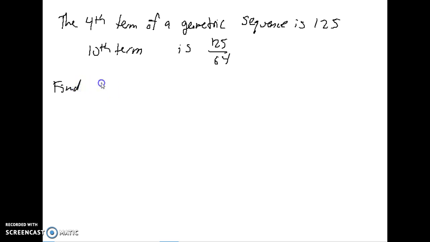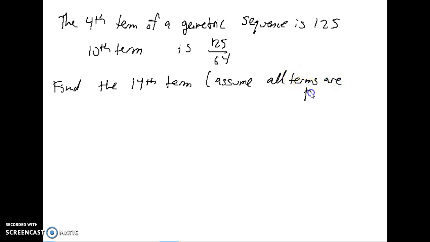We want to find the 14th term, and we are going to assume all terms are positive. Unless it's stated, we don't want to necessarily assume that, but especially on this one we want to assume it, because notice that I gave you both even numbers, the 4th and the 10th term.